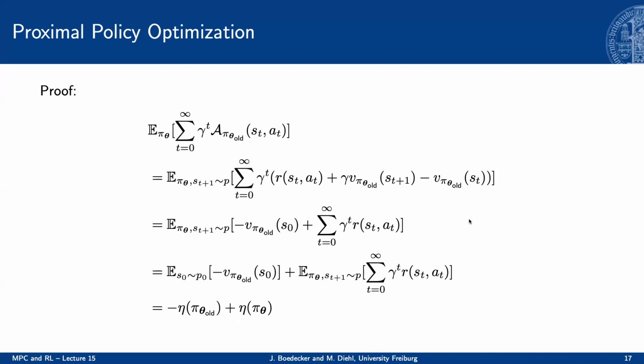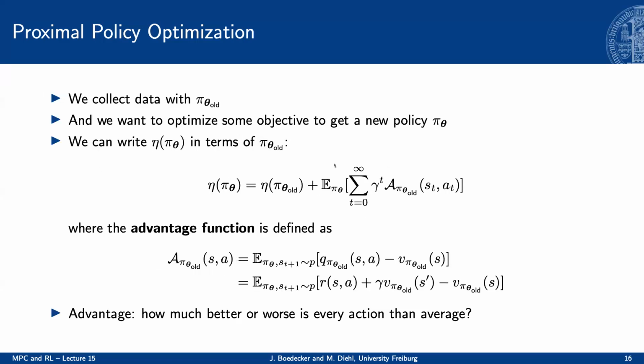And now, just quickly going through why this makes sense. This is the term that we have on the right side here. This is the expectation of the sum of the discounted advantages, with the expectation with respect to the new policy, the policy with parameters theta. And we want to show that it's basically equal to these two terms.